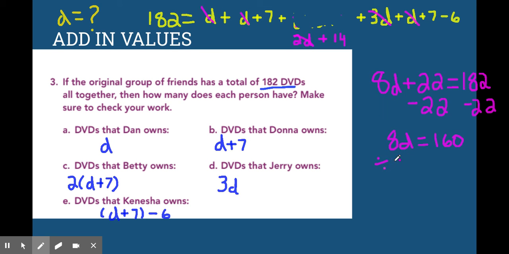And then I'm going to divide by 8 on both sides. So I'll make it my D. And then I know that my D, or Dan's DVDs, equals 20.